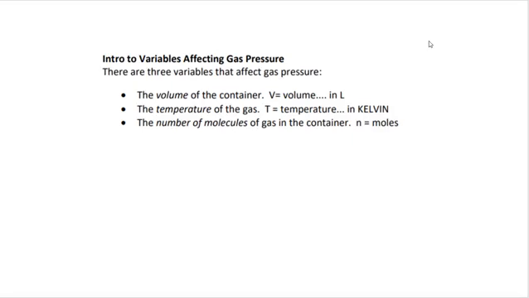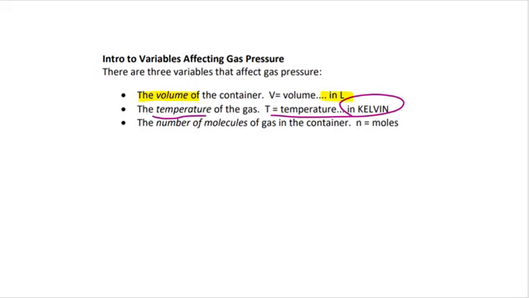All right, so for this lecture, we're going to be looking at some other variables that affect gas pressure. We talked in the last one about how temperature affected it, and we know that temperature is measured in Kelvin. Today we're going to be looking at how the volume of the container can affect gas pressure.